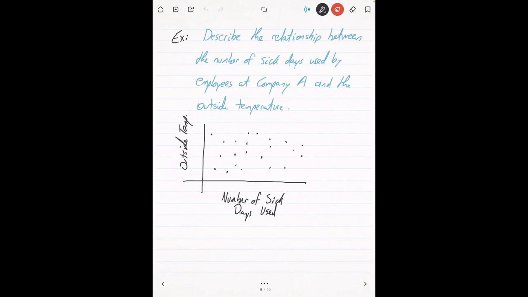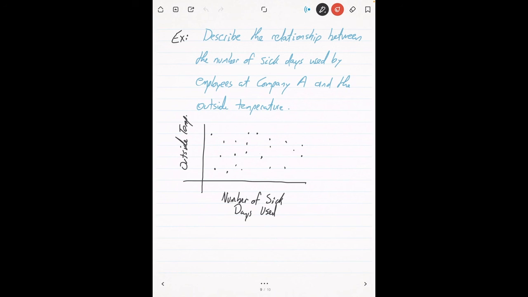So let's take a look at an example here that describes the relationship between the number of sick days used by employees at some company A and the outside temperature. So this company was asking, is the number of sick days that an employee takes related to the temperature outside?